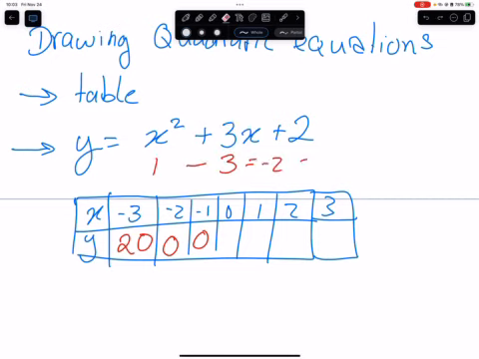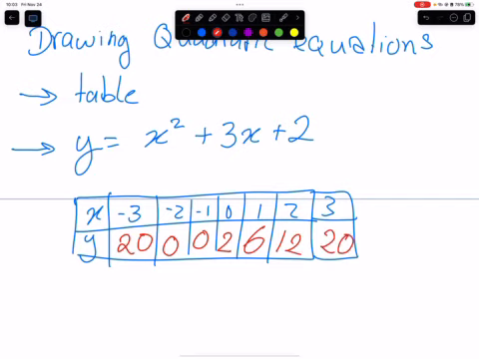Yeah, the minus 1. 0 gives 2. 1 is 6. Then 12, and 20. So these are the numbers.